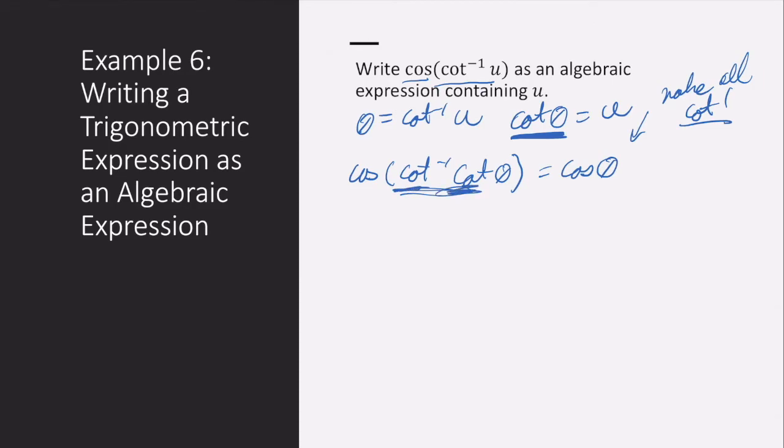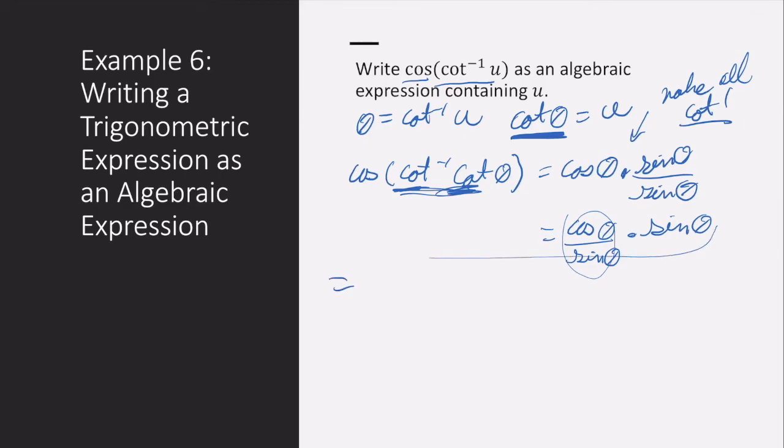That's okay. So cosine of theta, if I multiply that by sine of theta over sine of theta, gives me cosine of theta over sine of theta times sine of theta, if I wanted to rewrite it. Well, remember that this is cotangent.